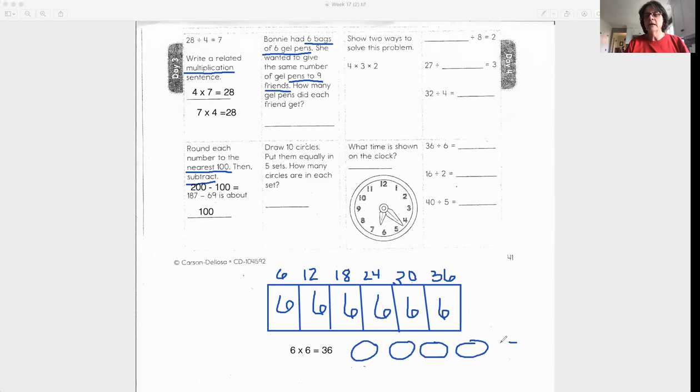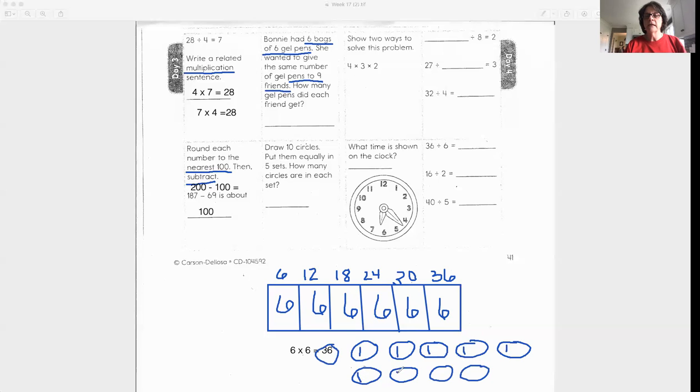And then I could start dividing them up, just like I was dealing out cards. So I'm giving the same number to each friend. So there's 5, 6, 7, 8, 9 friends. And remember, I have 36 gel pens that I want to divide equally amongst them. So I'm just going to start doing fair share. 2, 3, and I would keep giving pens out, 4, 5, until I get to 36.